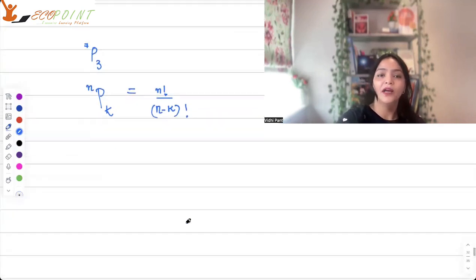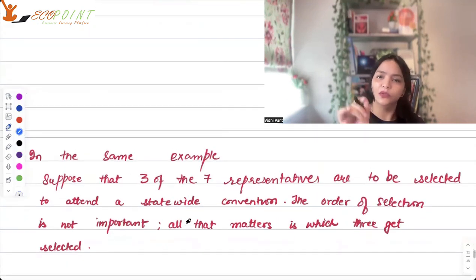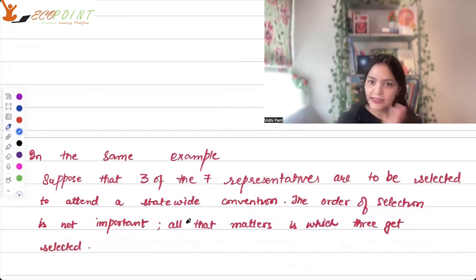ठीक है. अब इसी सिनेरियो में थोड़ा सा चेंज करते हैं. Now this time in the same example, ये काउंसिल वाला जो एग्जाम्पल है, suppose that 3 of the 7 representatives are to be selected just to attend a statewide convention.